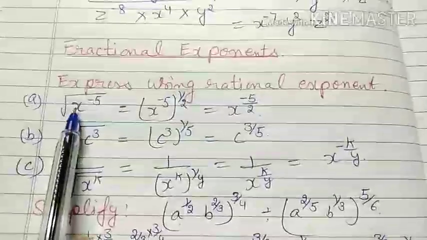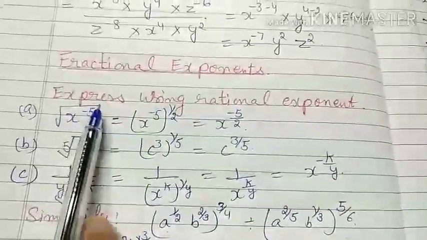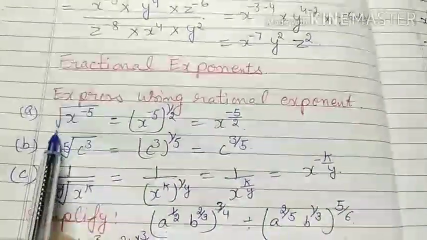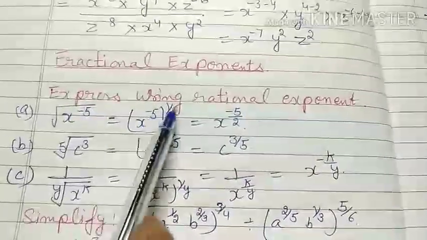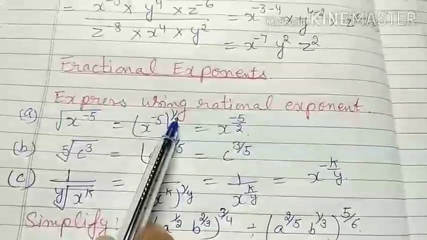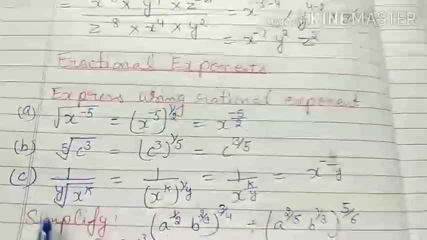If I have written x raised to power minus 5, square root, I told you before that when you remove this sign, x raised to power minus 5, again the power changes to 1 by 2. Square root means raised to power 1 by 2. Fifth root means raised to power 1 by 5.